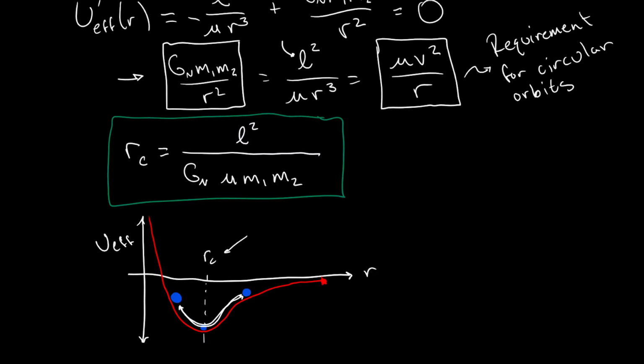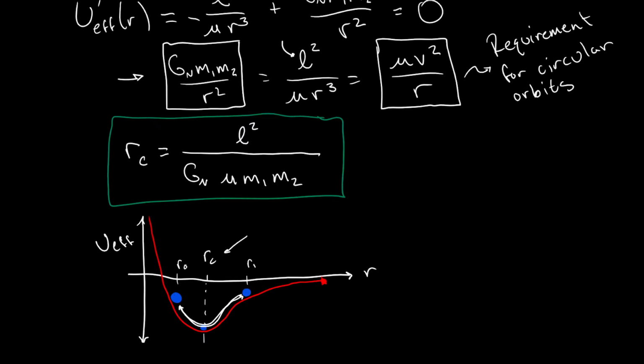This is an orbit. This is a stable orbit where I have some, let's call it R0, R1, and I have some close point and some far point, and the stars are just gonna orbit each other between these two distances, and they're always gonna stay orbiting each other.